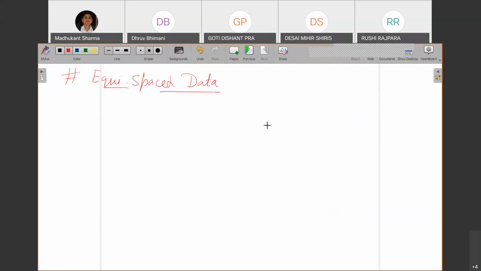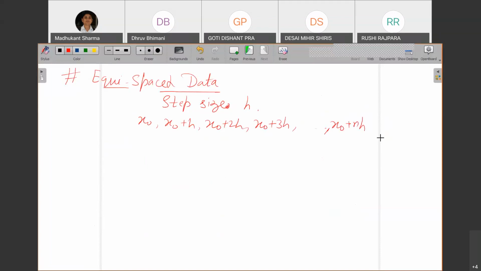Let's say the step size is h. So the data is, instead of x naught, x1, x2, up to xn, x naught plus h, x naught plus 2h, x naught plus 3h, and so on, up to x naught plus nh.